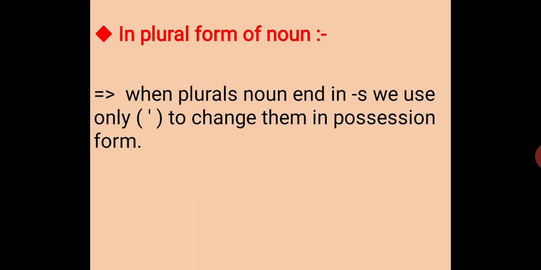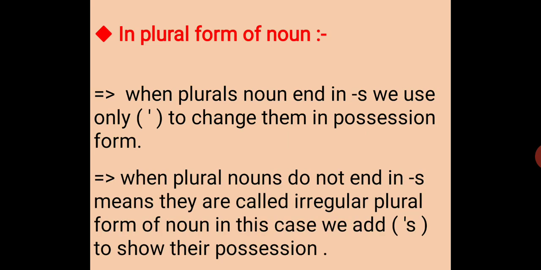But some nouns have irregular plural forms. When plural nouns do not end in s, they are called the irregular plural form of nouns. In this case, we add apostrophe s to show their possession.